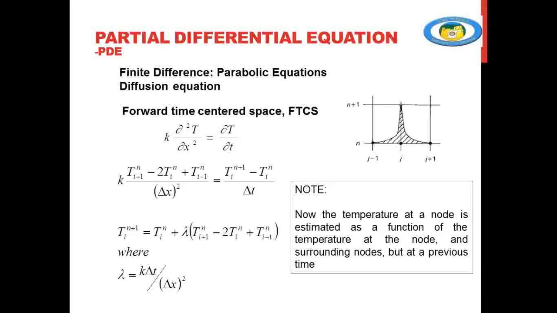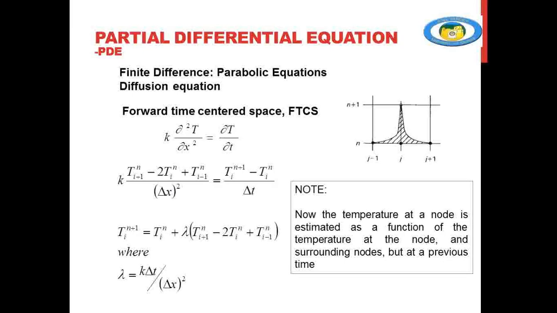Now, for the temporal partial derivative, we can use forward time here, obviously. And n would tell you the time, and j would tell you the space.